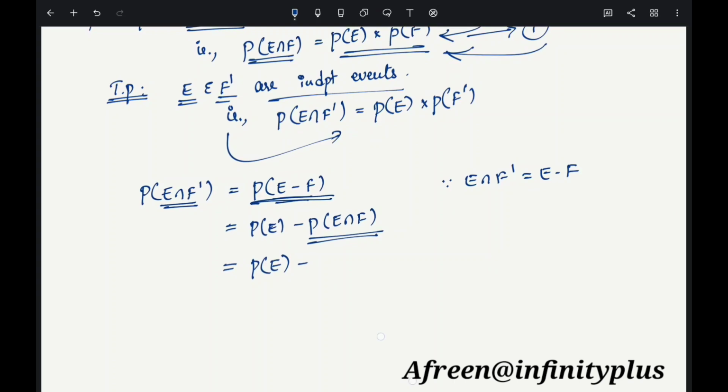So P of E intersection F can be written as P of E into P of F.